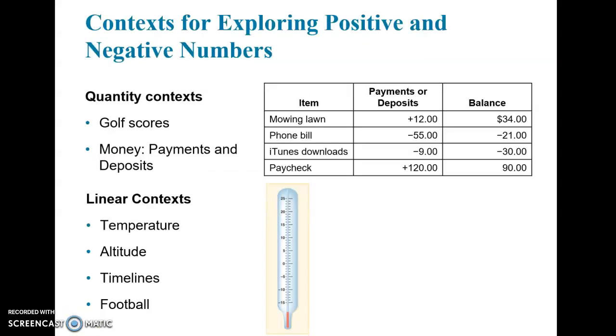Every day, students interact with numbers less than 0, such as temperature, altitude, golf, money, timelines, and football gains and losses of yards. Students need opportunities to make sense of situations new to them, such as subtracting more than they have, so 5 minus 8, and recognize the generalizations they construct or are told.